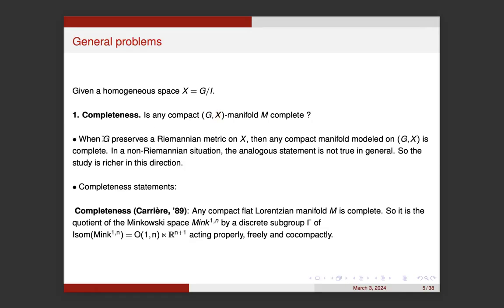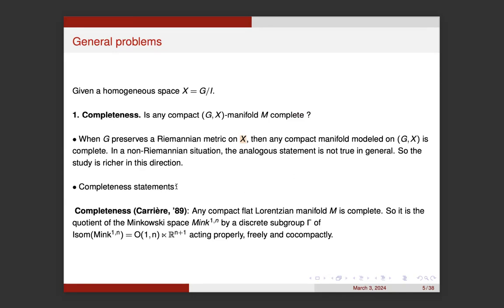And the observation is the following: when G preserves a Riemannian metric on X, then the answer to this question is yes. Any compact manifold modeled on this geometry is complete. But in the non-Riemannian situation, meaning that G does not preserve a Riemannian metric on X, the analogous statement is not true. So there are situations where the structure is not complete.